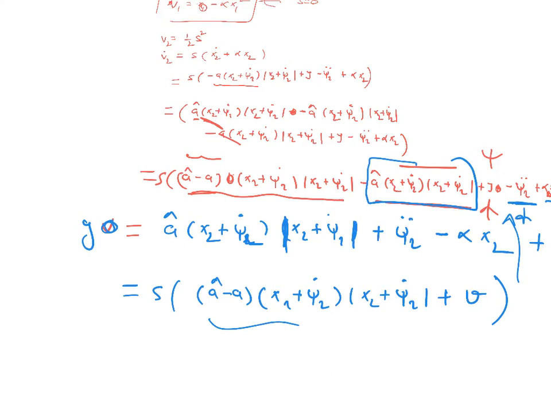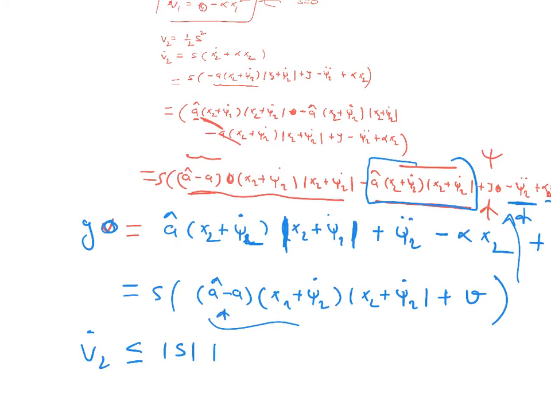Now if you see, my v2 dot can be less than or equal to mod of s, right? And the upper bound on this is given, k.